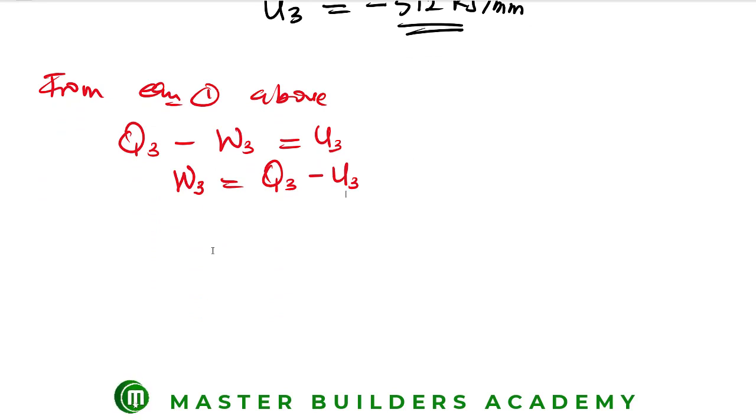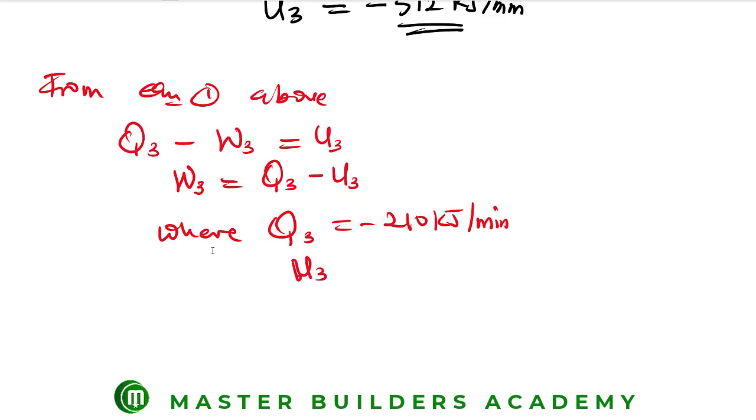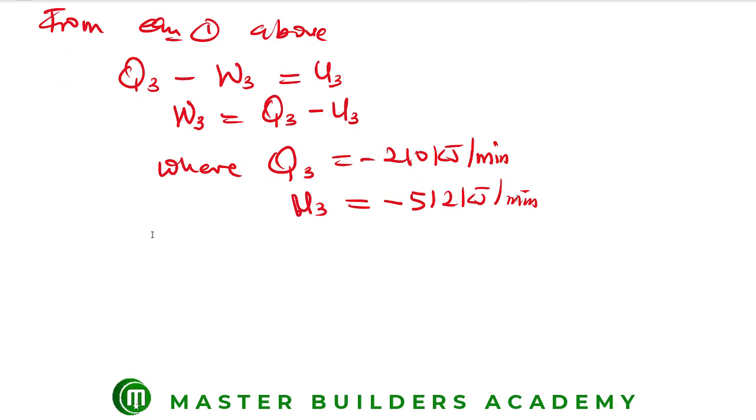Let me state it so that it will be clear again: Q3 is equal to negative 210 kilojoule per minute, and U3 is equal to negative 512 kilojoule per minute. Then we can put in the values to get our W3. I hope this is educating. So W3 is equal to minus 210 minus minus 512.